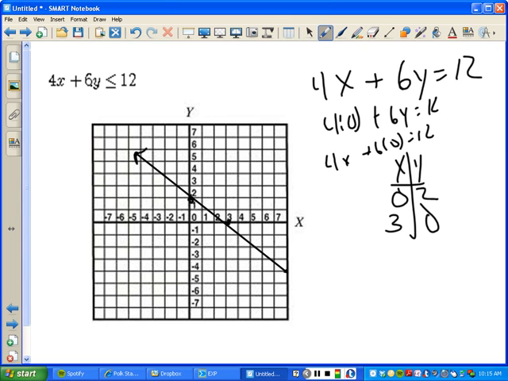Now, what are we going to plug in? 0, 0. Is 0 plus 0 less than or equal to 12? Is 0 less than 12? Yes, it is. So this works. I'm going this way.